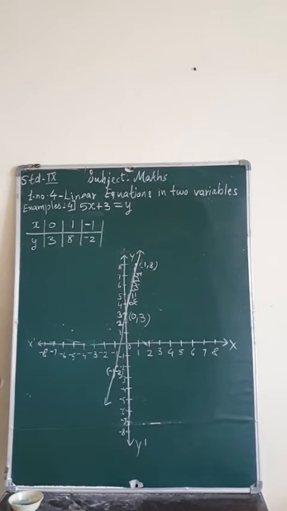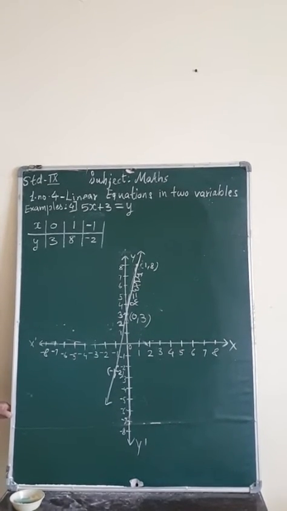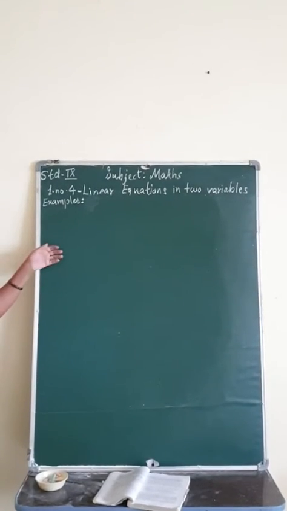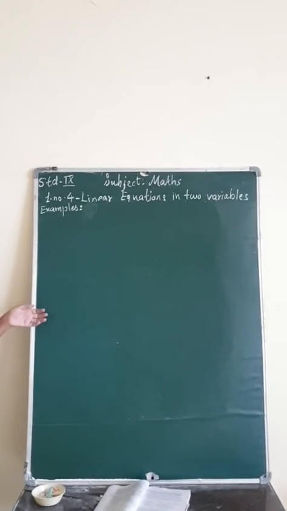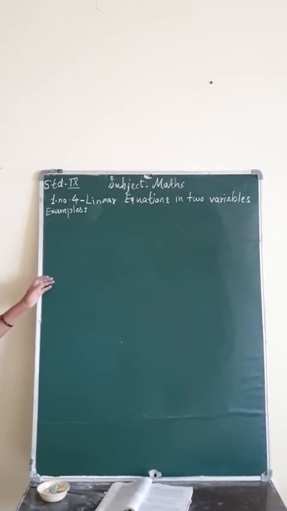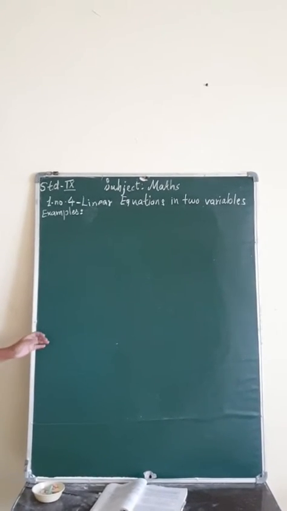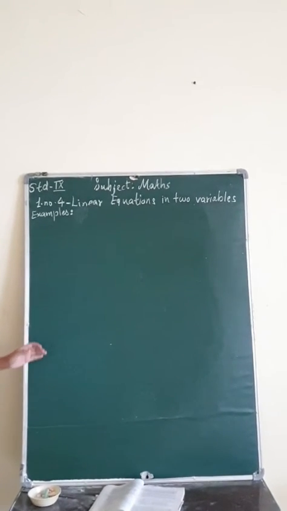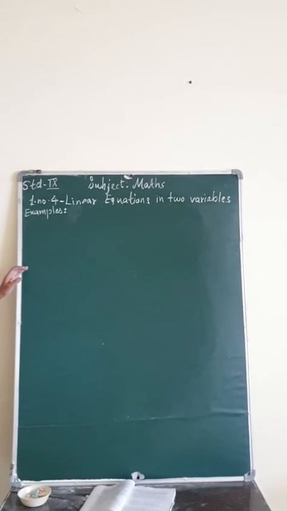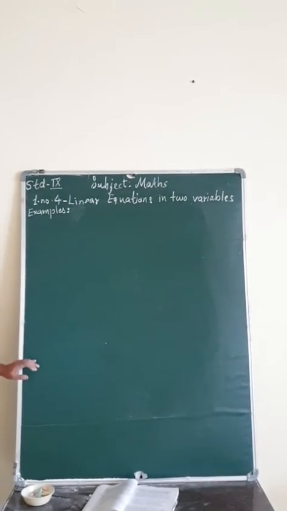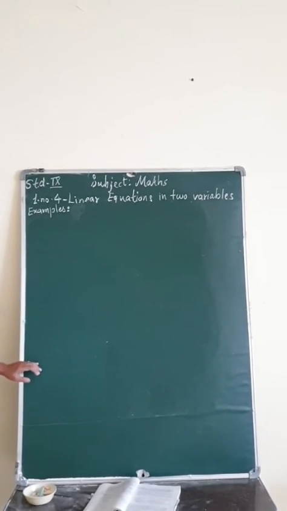I hope you have understood this. With the example we have just solved, you must have understood that real life situations can be represented through equations, and linear equations can be represented graphically by drawing a linear graph.